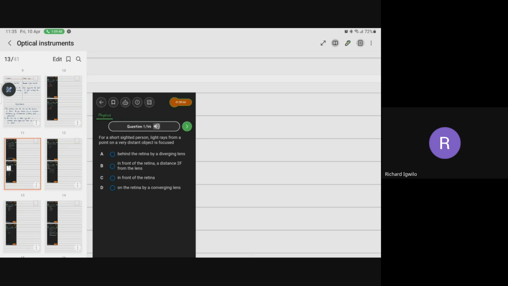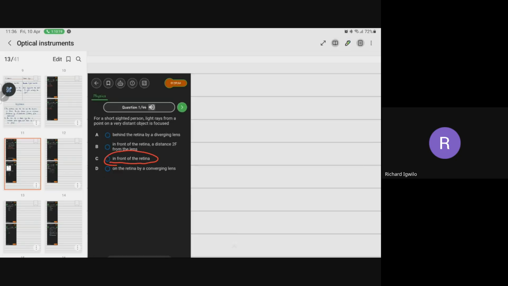For a short-sighted person, the image is formed, the object is focused, in front of the retina, isn't it? So in front of the retina. Please take note of that. These are key things we need to always remember as long as these questions are concerned.